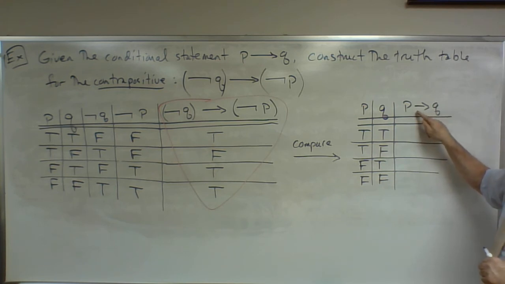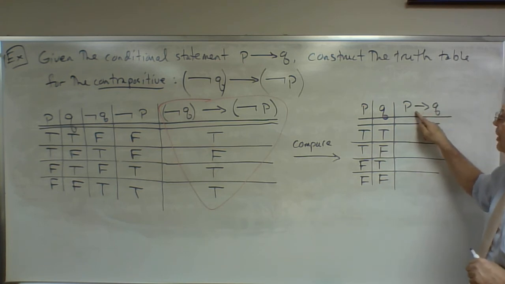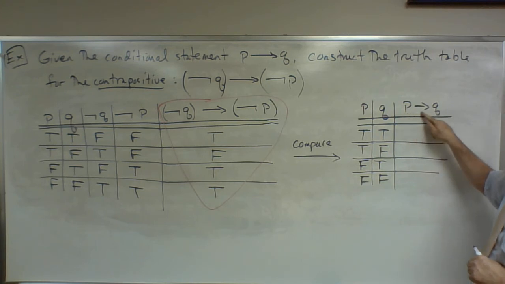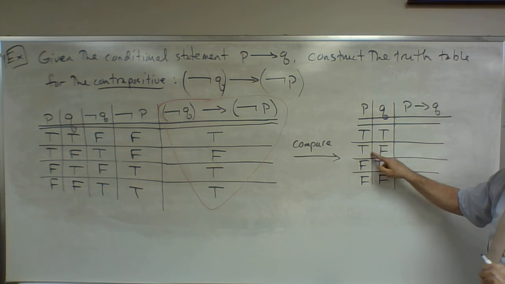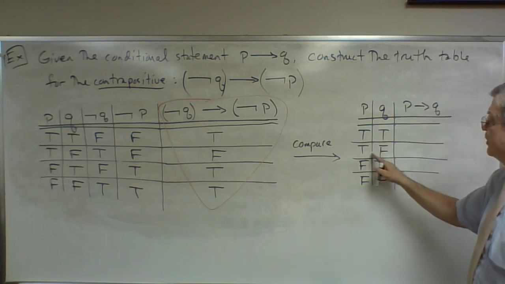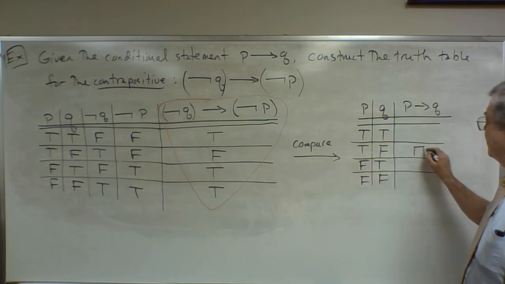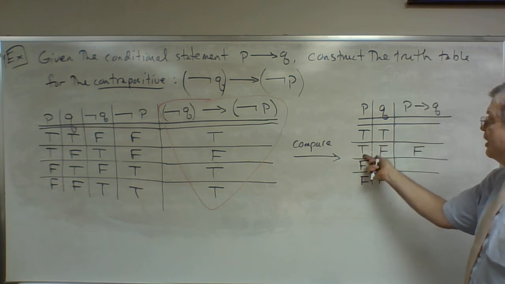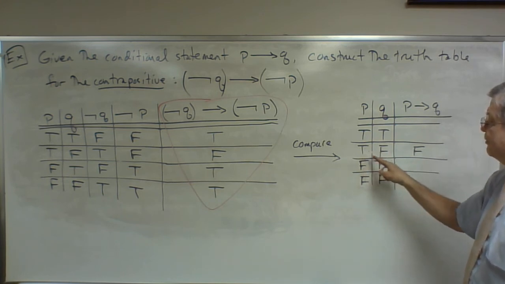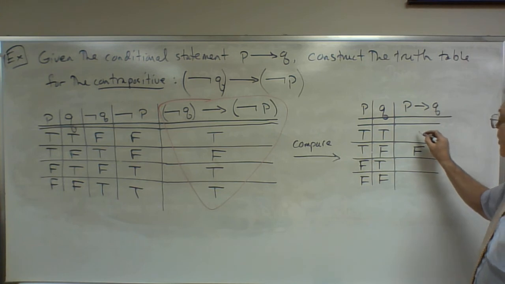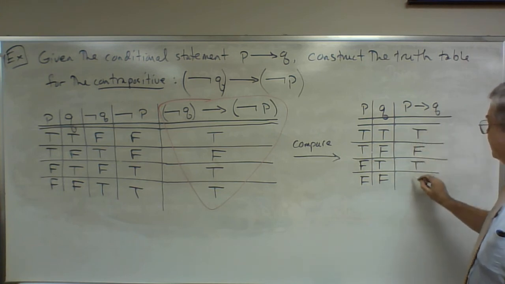The only time this conditional statement is false is when we have P true implying Q false. And that happens right here. P true implies Q false, that's false. This is the only time when we have P true and Q false. So all of the other statements are true.